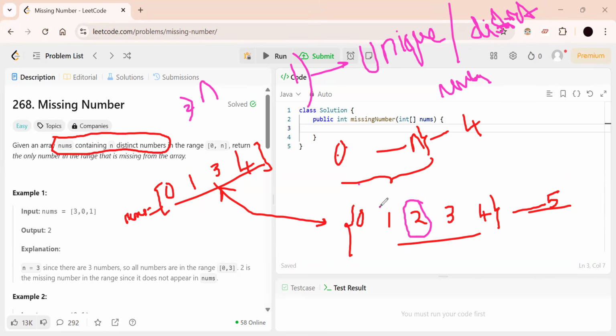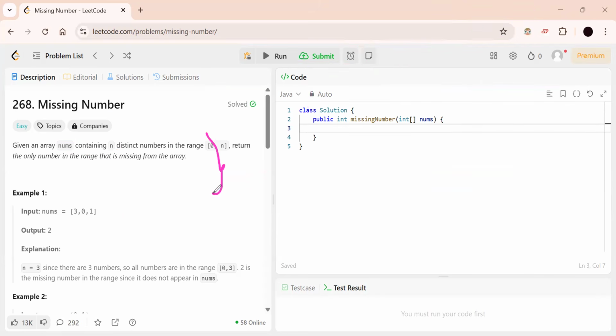The array should contain numbers from 0 to n, and we need to find the missing number. If you observe these 4 points clearly, you'll come to know there is a formula.